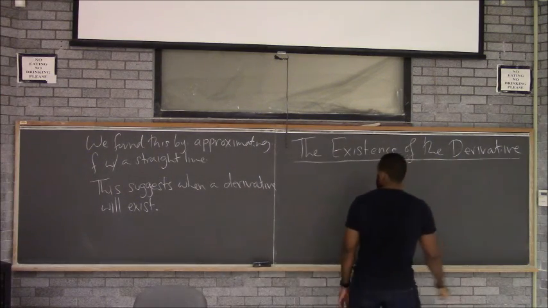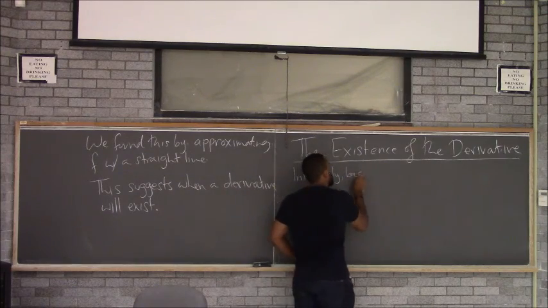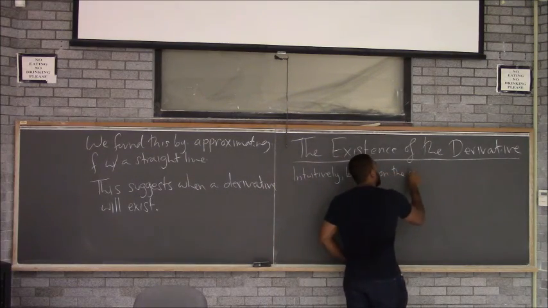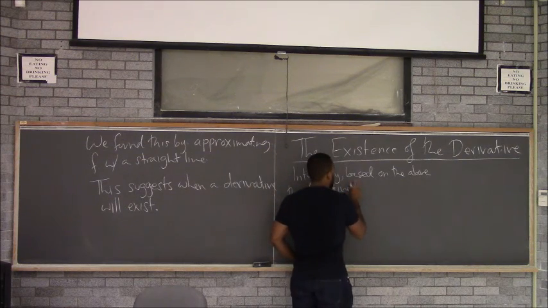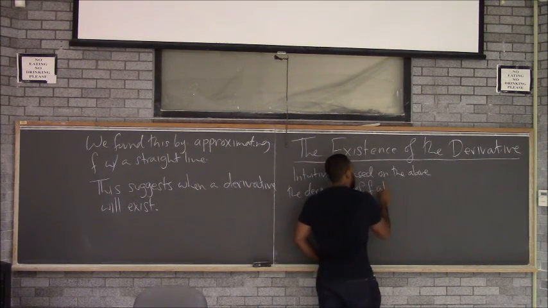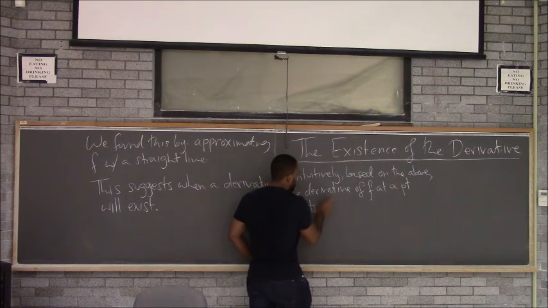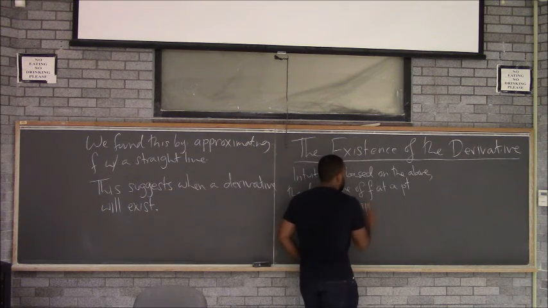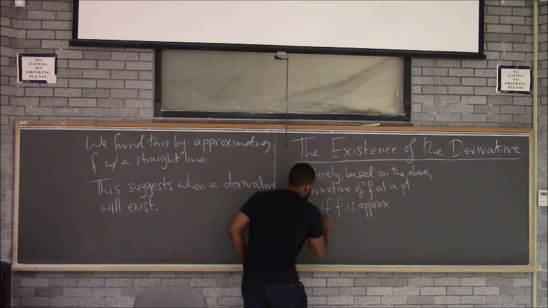And I want you to notice that, intuitively, based on the above, the derivative of f at a point exists if f is approximately linear at that point.